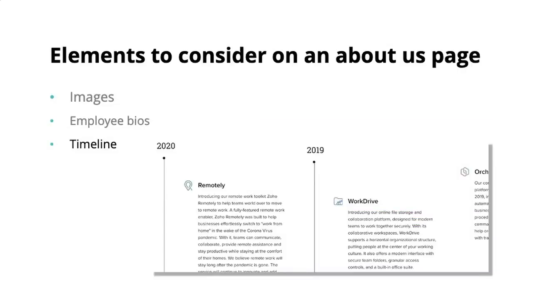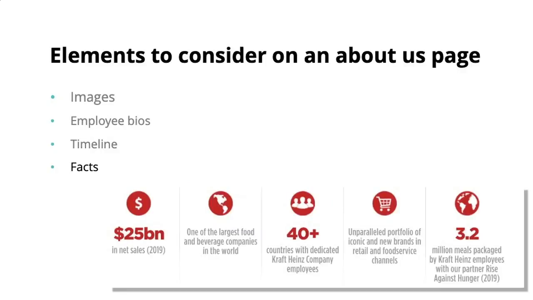Your timeline. So this works well if you're a company that's been in the industry for a few years. This is actually Zoho's About Us page. It's a way for us to establish some reliability and longevity as a company and showcase what we've accomplished without coming across too braggy. And facts, of course, never underestimate the power of statistics.